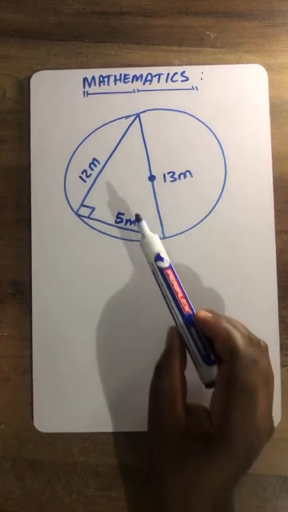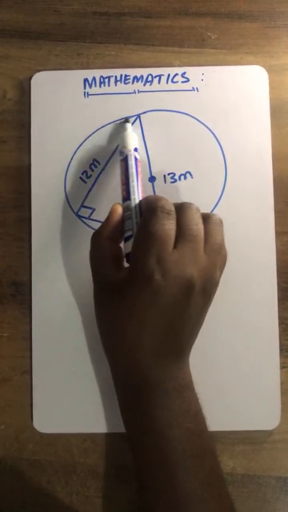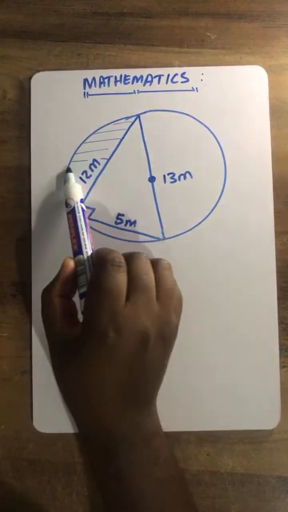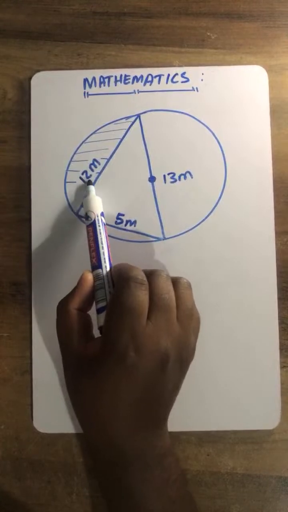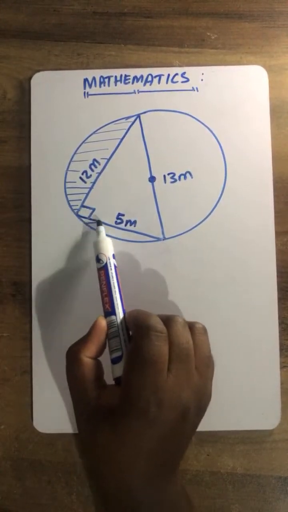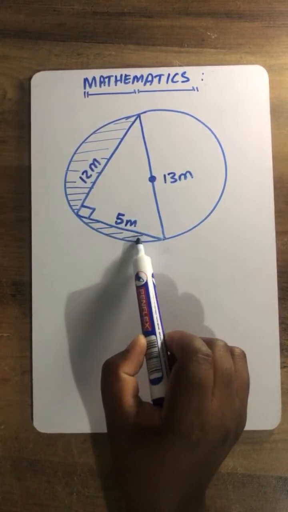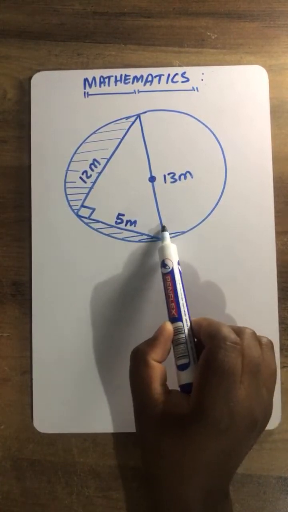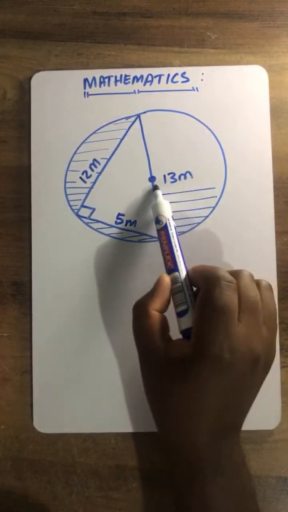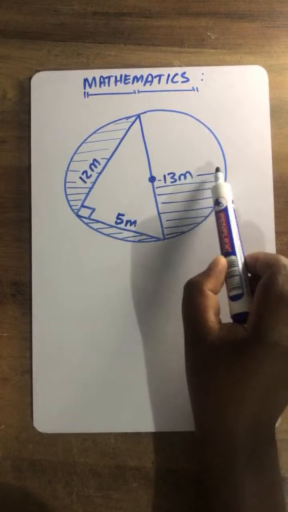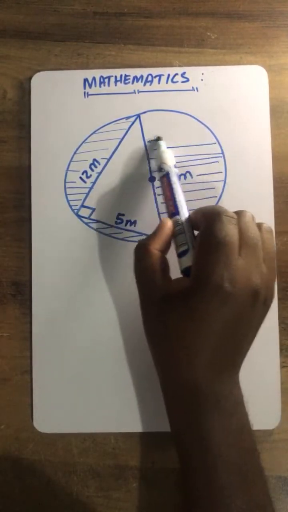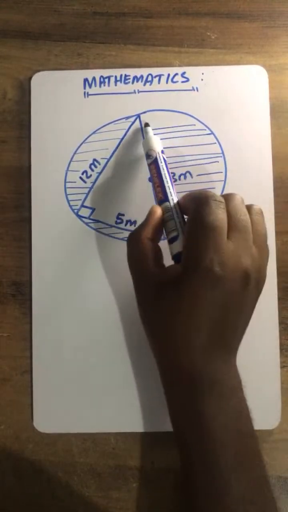Again, what they want you to do is to calculate the area of the shaded part. This is the shaded part, honorable members. I will just do that so that I don't cancel those numbers, so that it's easy to see.